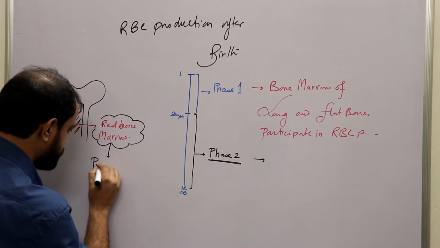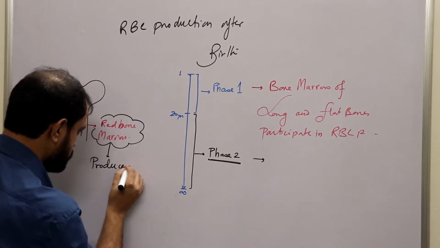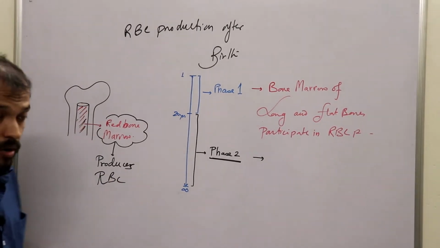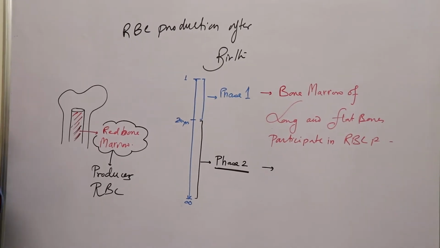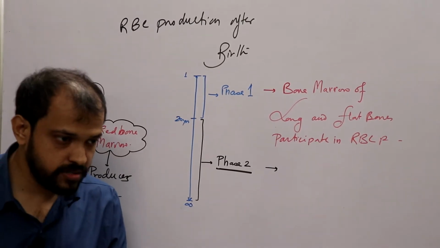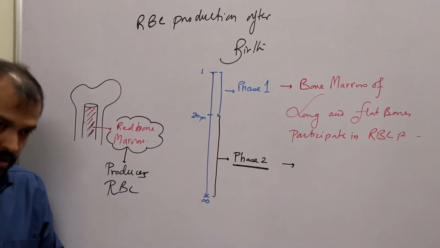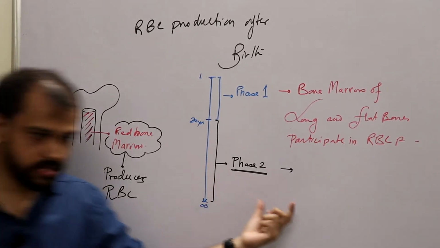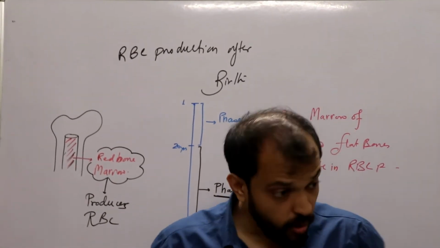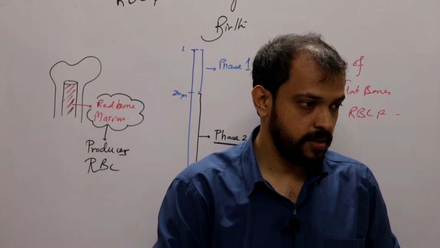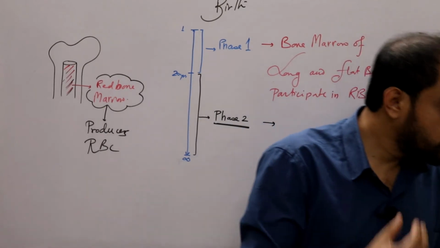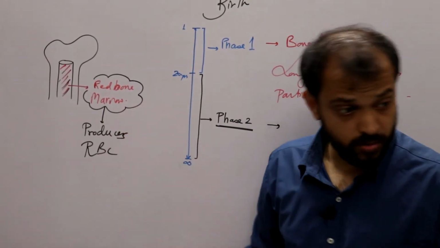only red bone marrow produces RBC, not yellow bone marrow. Why is yellow bone marrow called that? Because yellow bone marrow has fat deposition in it. The shaft of bones which earlier had red bone marrow now has yellow bone marrow, due to this deposition of fat, which leads to the conversion of red bone marrow to yellow bone marrow.